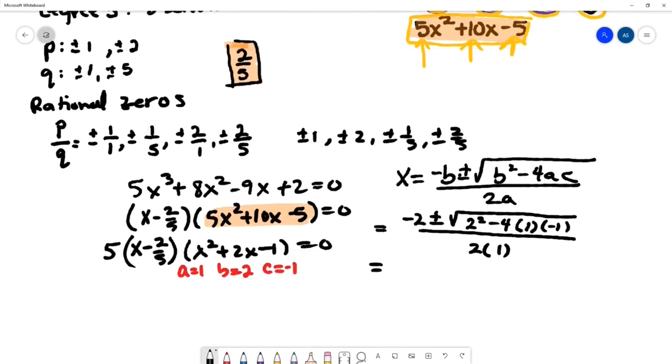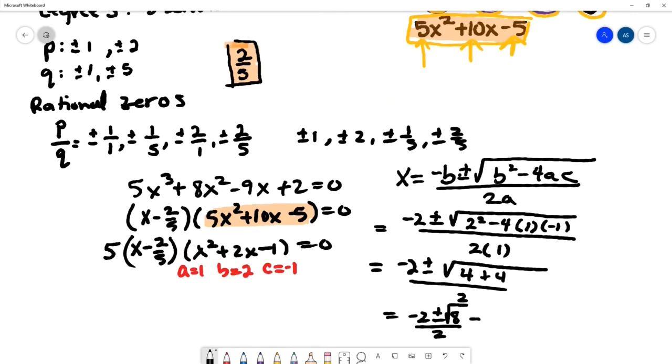We'll simplify to get negative 2 plus or minus the square root of 4, and this is plus 4, over 2. That's negative 2 plus or minus square root of 8 over 2. The square root of 8 can be simplified to be 2 square root of 2, and 2 goes into both of those to make it negative 1 plus or minus square root of 2.